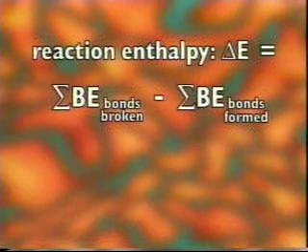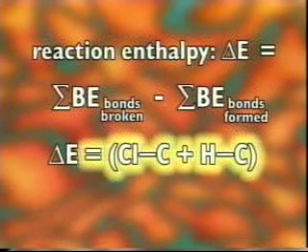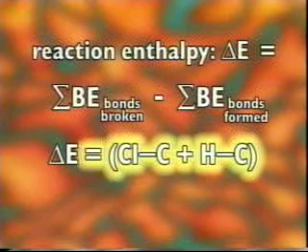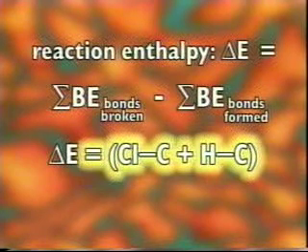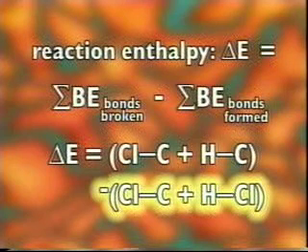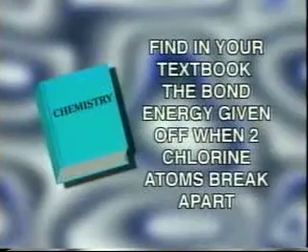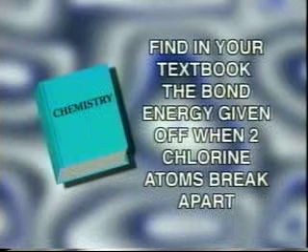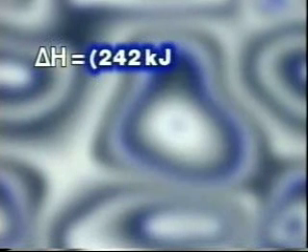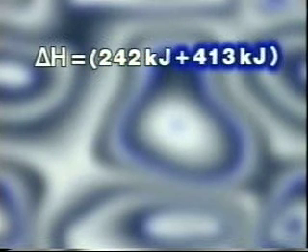In our case, delta E equals the sum of the energies of the bonds that break between a chlorine and a chlorine and between a hydrogen and a carbon, minus the sum of the energies of bonds that are formed between a chlorine and a carbon and a hydrogen and a chlorine. So find in your textbook the bond energy that's given off when 2 chlorine atoms break apart. That's 242 kilojoules. And add the energy given off when you break the bond between hydrogen and carbon, 413 kilojoules.